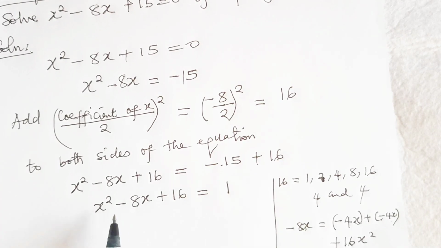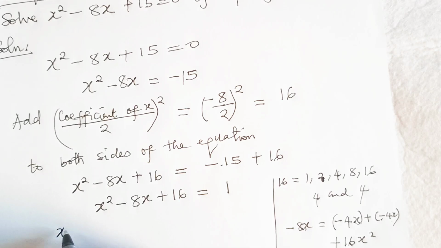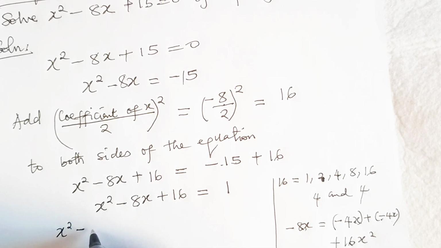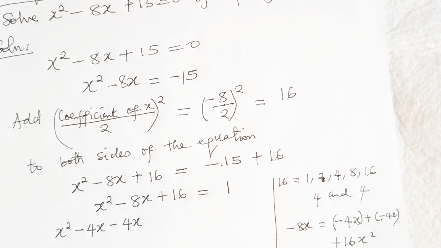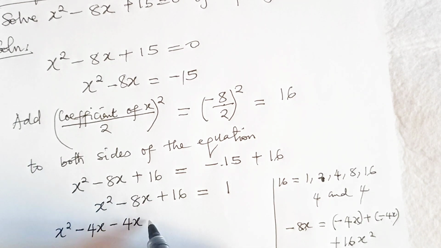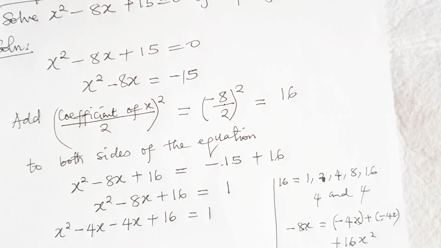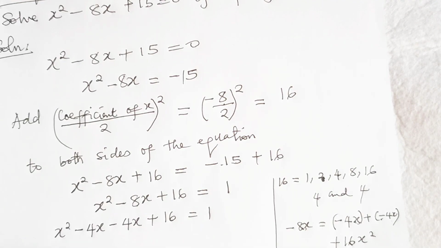So I'm going to rewrite this equation as x squared, the middle term will be written as minus 4x minus 4x, then I'll write the constant term plus 16 equal to 1. So I'm going to take out the common factors.